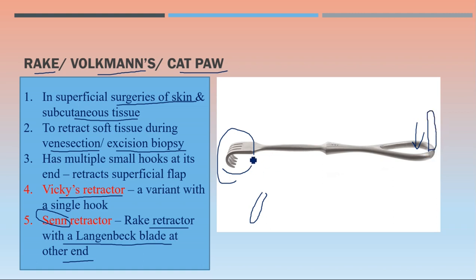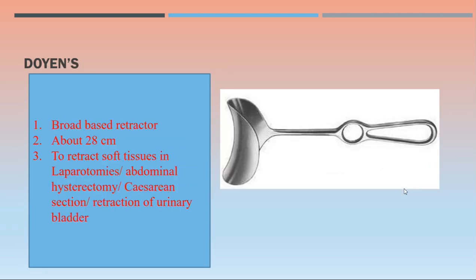At one end various hooks are there like in cat's paw Rake retractor, at the other end, Langenbeck blade is there. This will become Sen retractor. If single hook is there, Vicky's retractor. Otherwise, Rake, cat's paw or Volkmann's, same thing. It looks like this one.